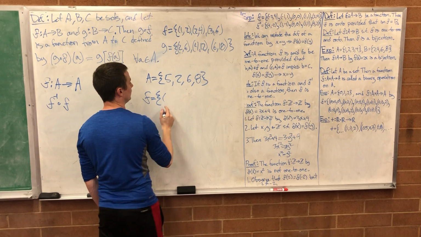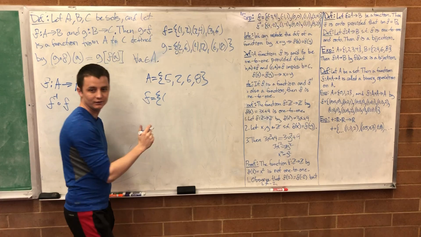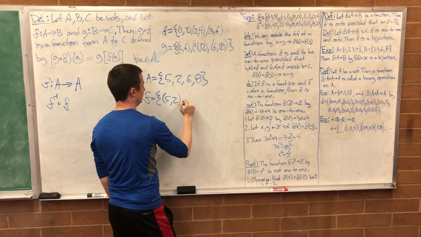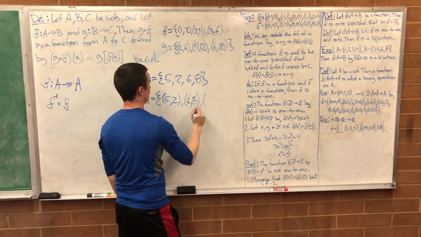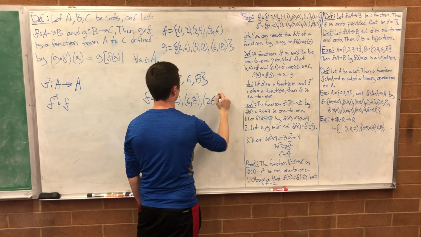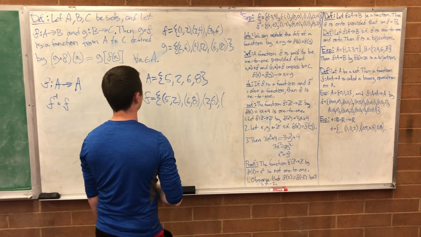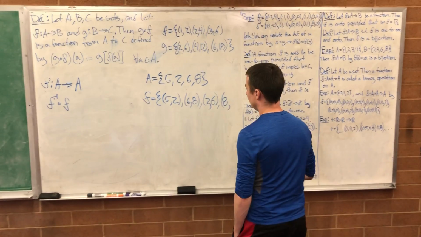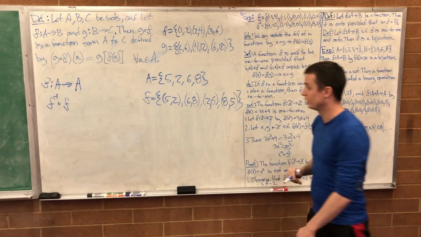It has to be from A to A, so you can only use elements in A. 5, 2, 6, 8 go to 2, 6, 8, and what are we left with? 5. So 8 goes to 5. Right? So there's a function.